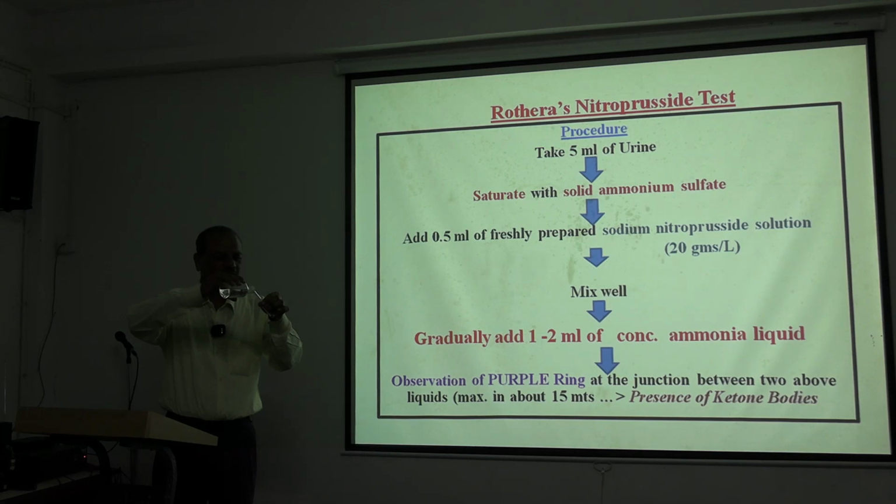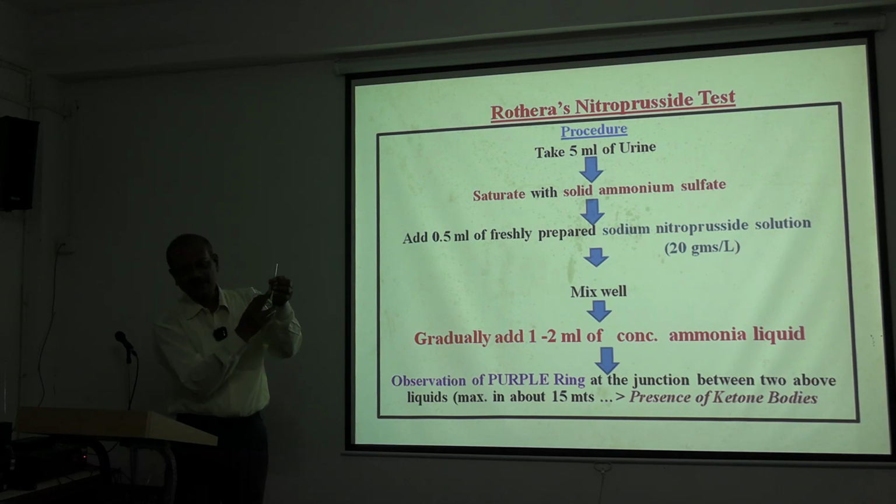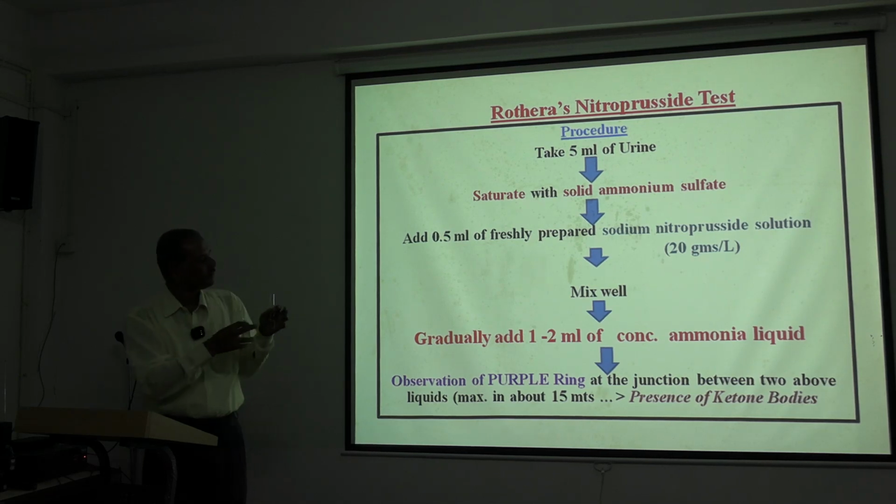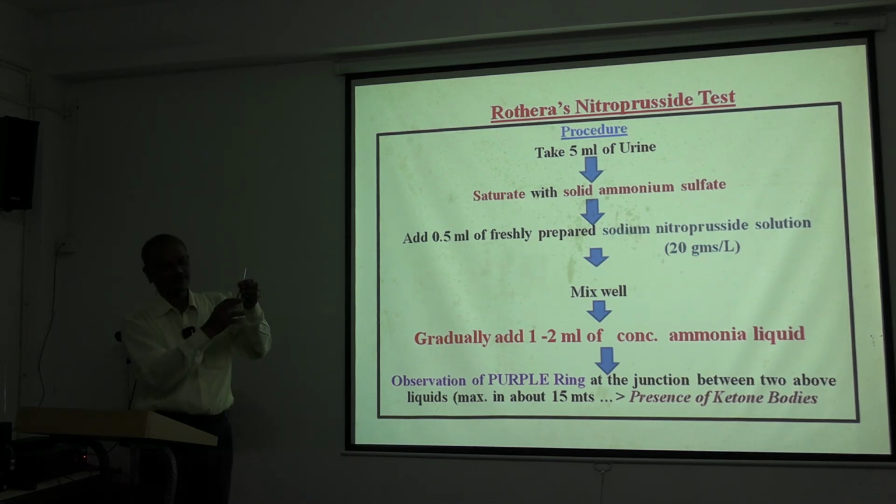Can you see it? Very gradually, or you can use a pipette also, but the process must be very gradual so that the solution is there at the bottom, on top of which you are adding another solution. So at the end you will see a junction. At the junction between the two solutions, you will see a purple color ring.